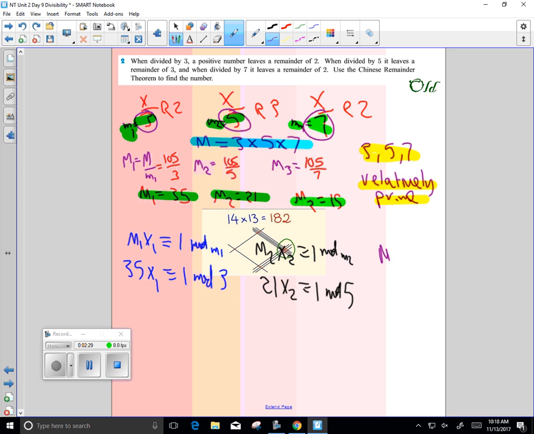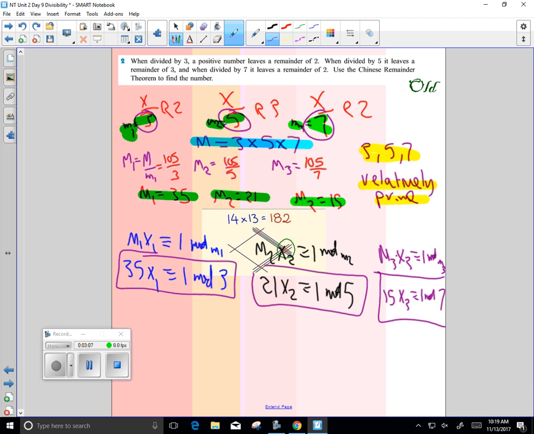And then M3x3 is congruent to 1 mod m3, and that's just going to be 15x3 is congruent to 1 mod 7. They're relatively prime, so they have a GCD of 1, and this comes from the GCD of 1 formula in the proof. All of these are done by inspection.